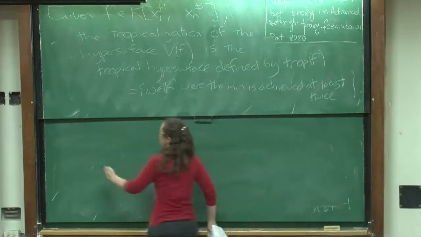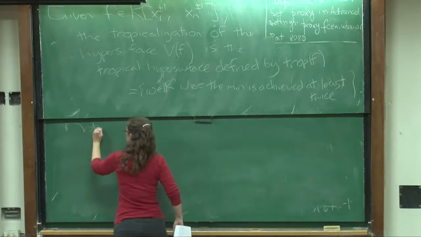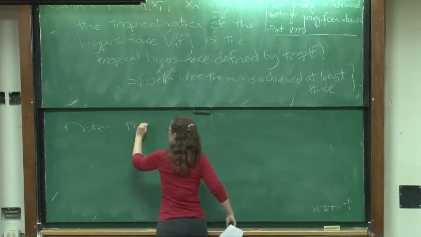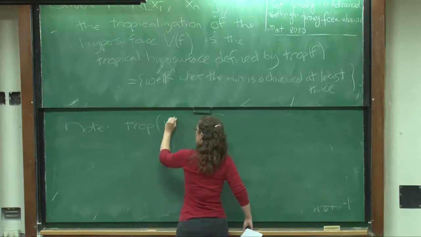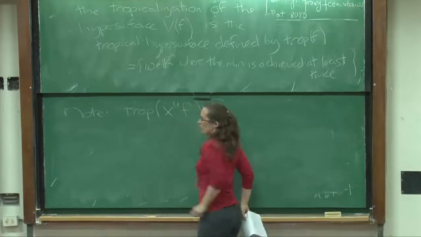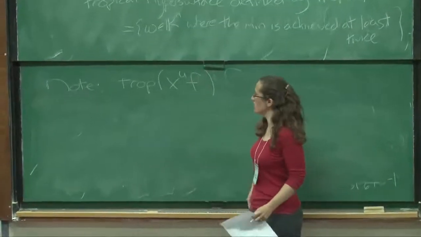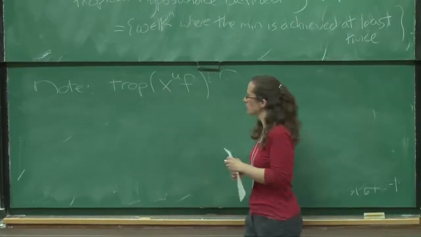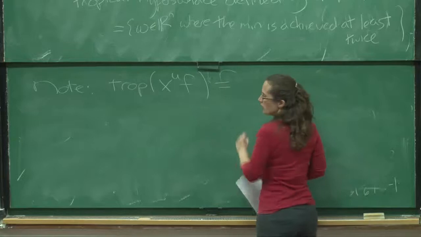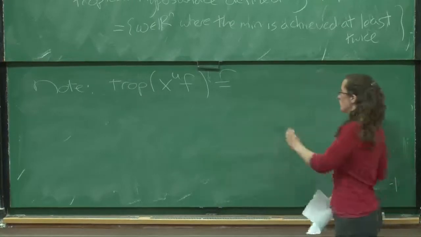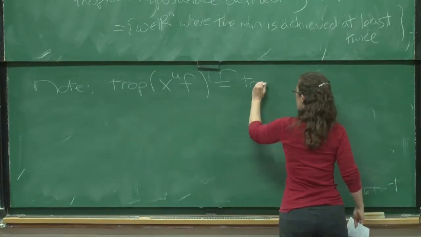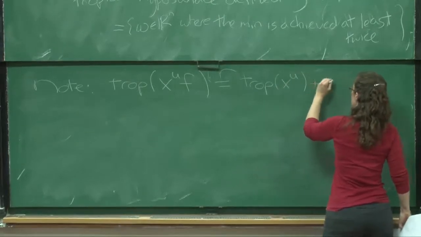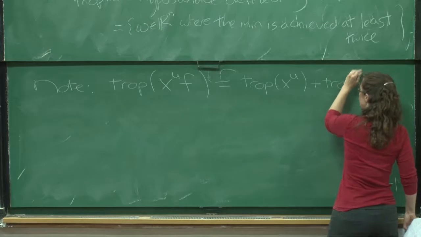Let's say note that if I take the tropicalization of x to the u times f, remember x to the u is my shorthand multi-index notation, so this could be x squared times y cubed. Well, remember multiplication turns into addition, so this is the tropicalization of x to the u plus the tropicalization of f.